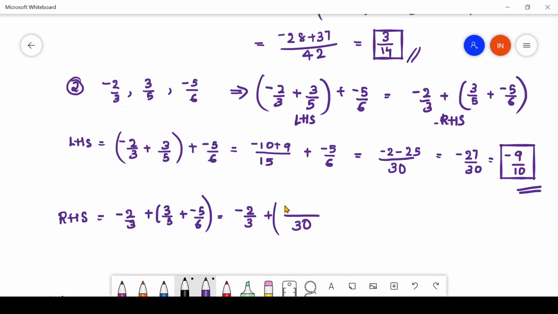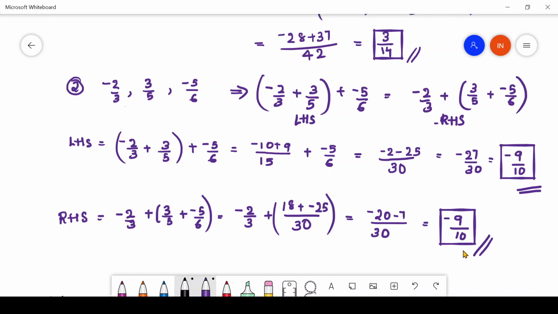Next, inside the bracket, it will be 18 plus negative 25 as the numerator. When we solve this, you can see 3 and 30 as denominators. Here again we get 30 as the LCM, and you will get negative 20 minus 7 as the numerator. When we solve this, you will again get negative 9 by 10 as the answer.